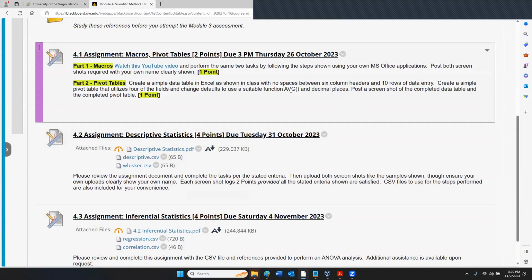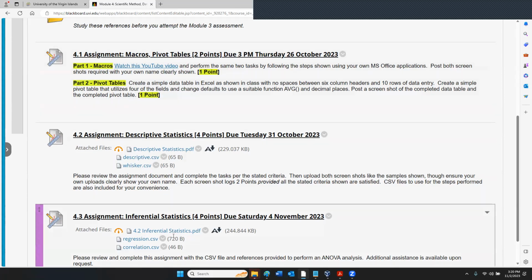When you finish with the first assignment for the module, macros and pivot tables, if you haven't completed that yet, that's 2 more points. So we don't have a specific solution, but we have some larger assignments, and the 3 of them together make up 10 points or 10% of the course average.